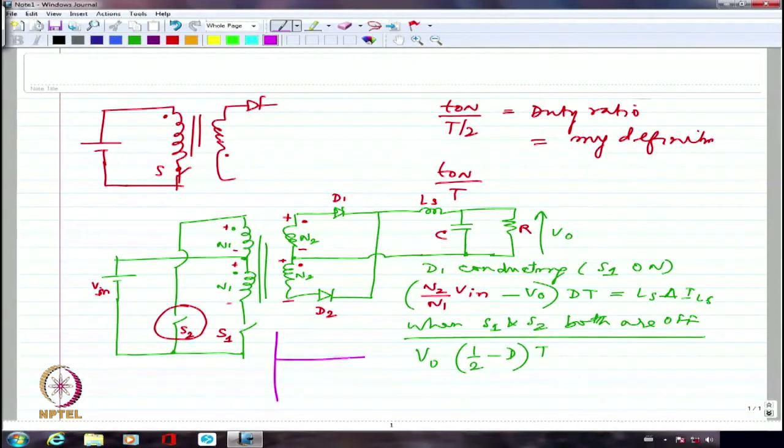If this is my T, let us say this is T by 2 and this is T. I am going to have one of the switches on for some time, then the next switch is going to be on for some time. This duration we are calling as dt, and this duration also we are calling as dt. This is on corresponding to S1 and this is the pulse corresponding to S2.